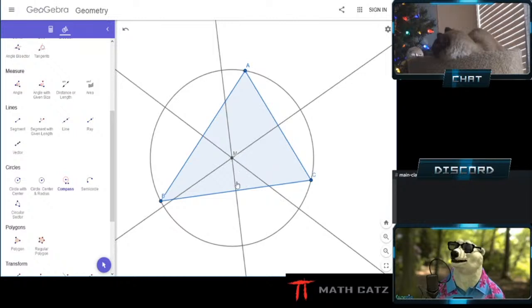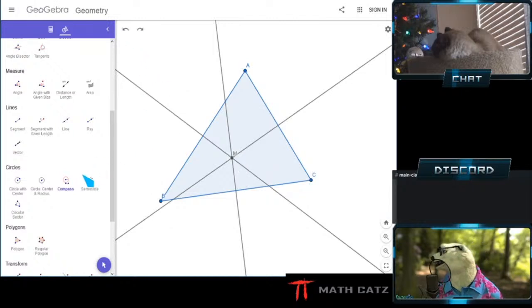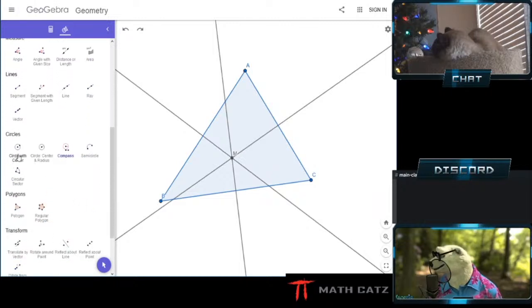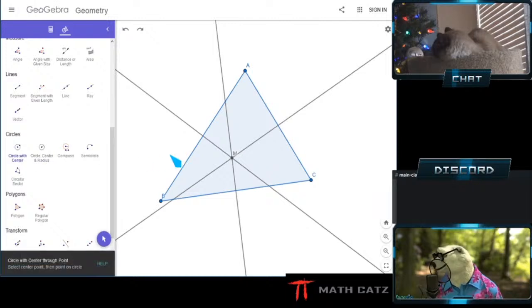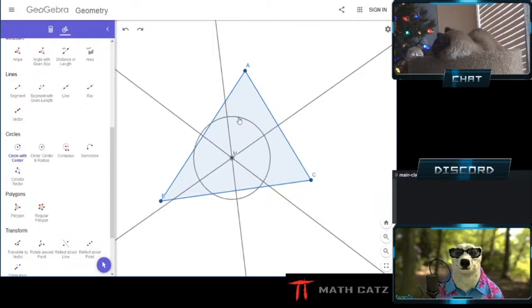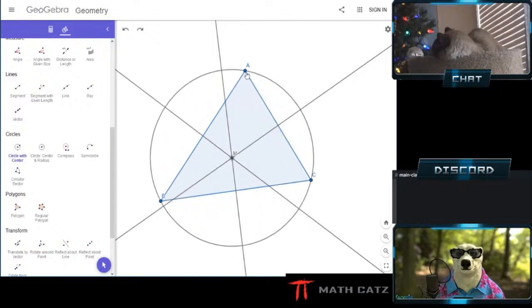Confirm. I have other circle tools as well. Maybe this is a good time to explore them. Circle with center. This first circle tool is in my basic tools as well. I think this one goes from the center out. What's nice about this tool is I can see it expand as I get closer to all the points.